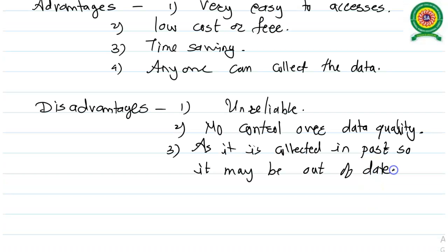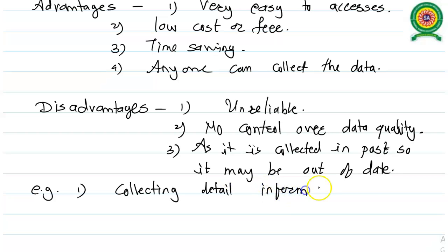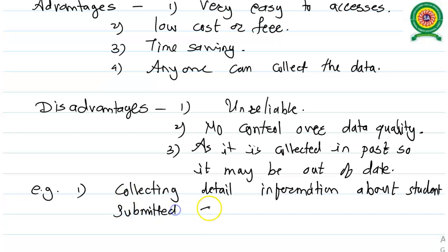Now which are the examples of secondary data? First example we have, collecting detailed information about students and submitted to the state board.